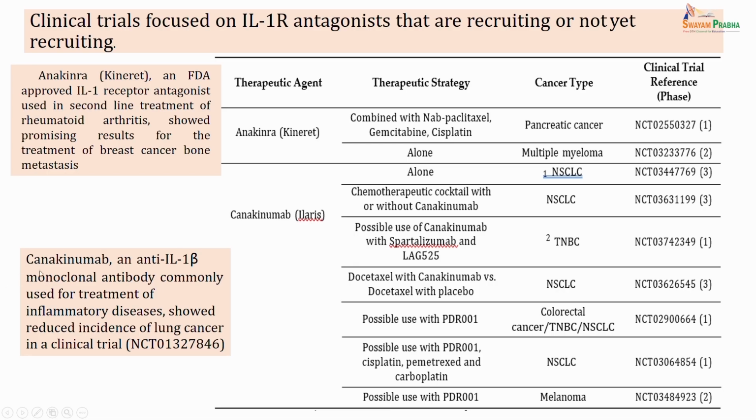Similarly, there is another molecule called canakinumab, which is basically an anti-IL-1 beta monoclonal antibody, also commonly used for treatment of inflammatory diseases, but it is showing promise in reduced incidence of lung cancer in a clinical trial. So all these molecules which are showing promise as anti-inflammatory agents are also showing promise as anti-cancer agents.